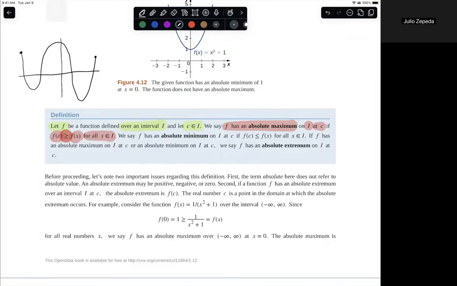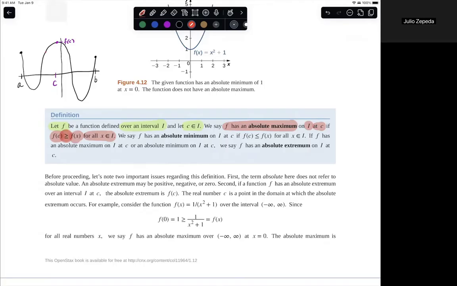So the interval I could be starting from, let's say, this value A to this value B. And so we would say that there is an absolute maximum here at an x value of c because this value here, f of c, the y value corresponding to c, is larger than any other y value.